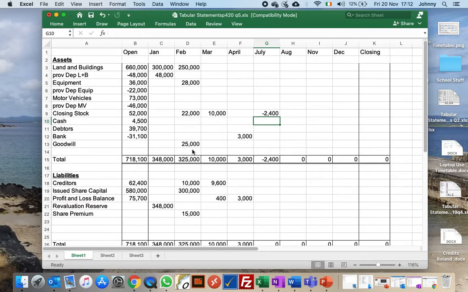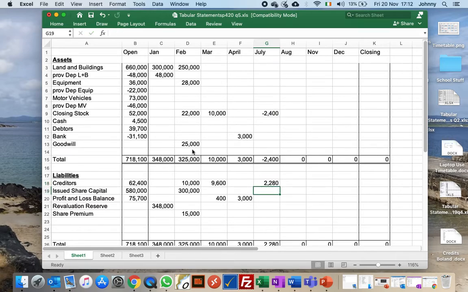And technically, if I return those goods, well then my creditor should go down by the same amount, but it's not going down by the same amount because we've been charged a restocking charge. So the restocking charge is 5% of the invoice. So that means that the creditors are going down by 2,400 multiplied by 95%.